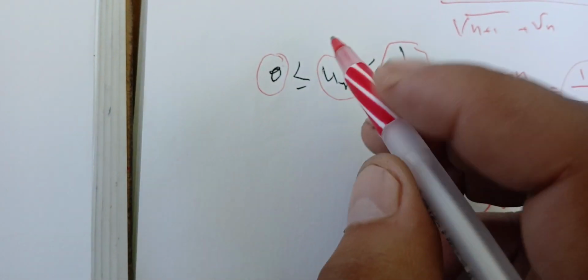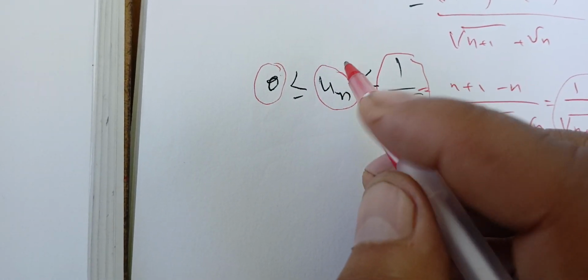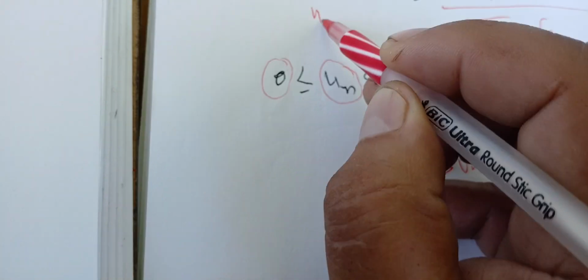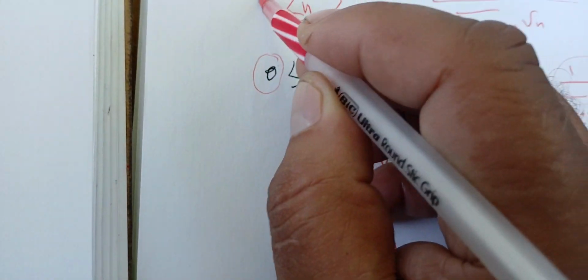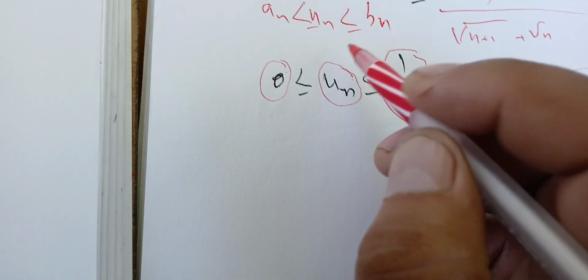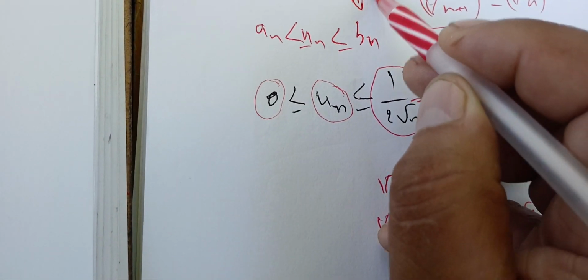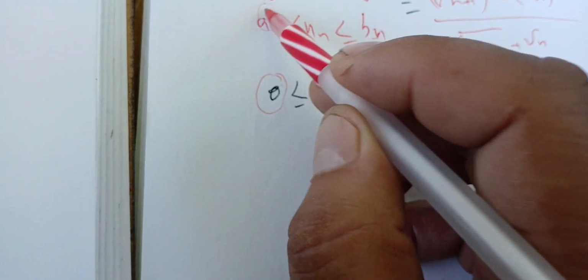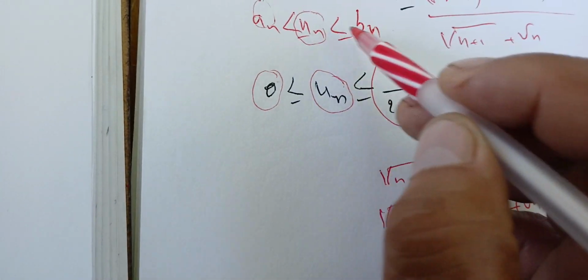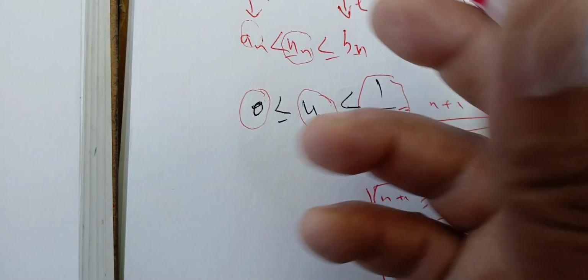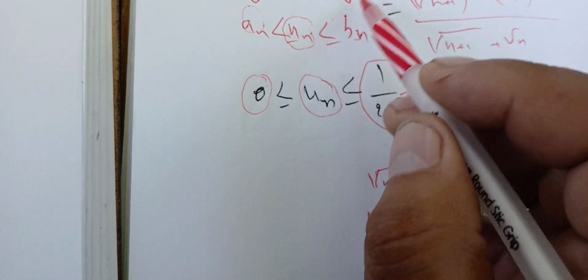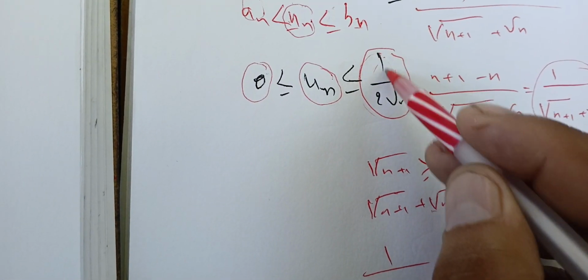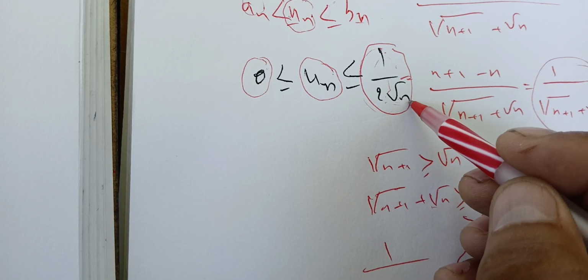Remember, the squeeze theorem: u_n is between two sequences, a_n and b_n. If a_n goes to L as n goes to infinity, and b_n goes to L as n goes to infinity, then u_n is trapped, squeezed between these two, and therefore its limit is L. But here, 1 over this square root goes to 0 as n gets big.